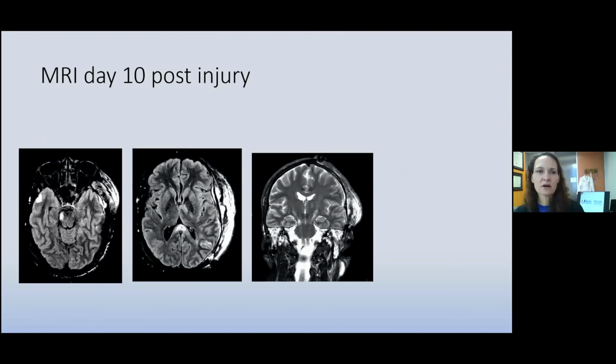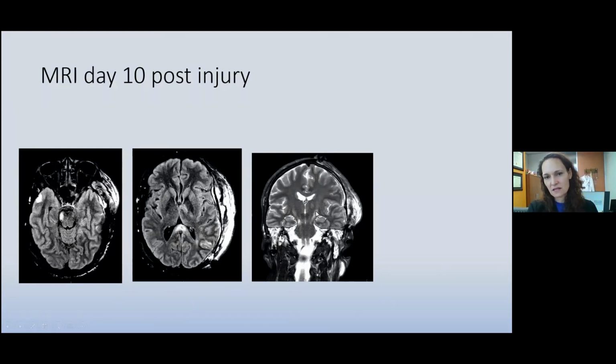And this is his MRI, at 10 days. You can see there are some pretty classic signs of traumatic axonal injury. There are changes in the midbrain, in the corpus callosum here, and you can see the long tracts are affected on both sides coming down.